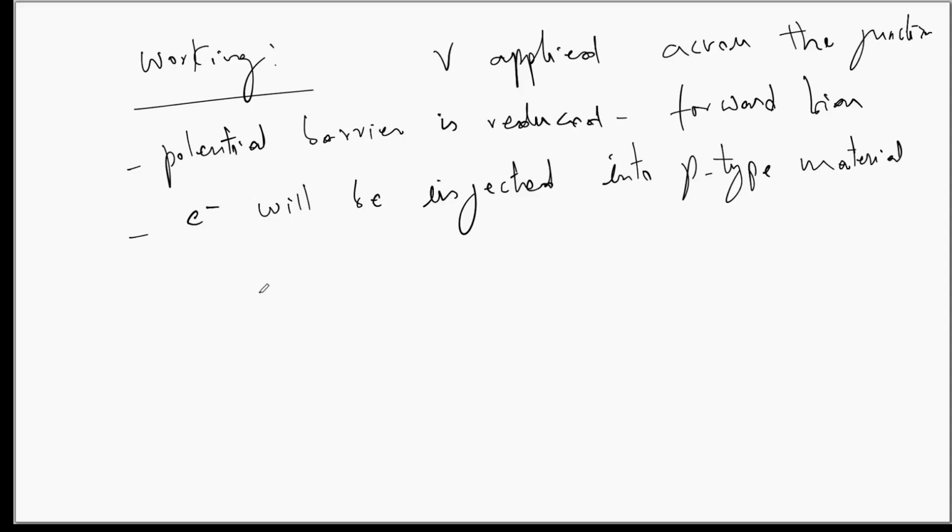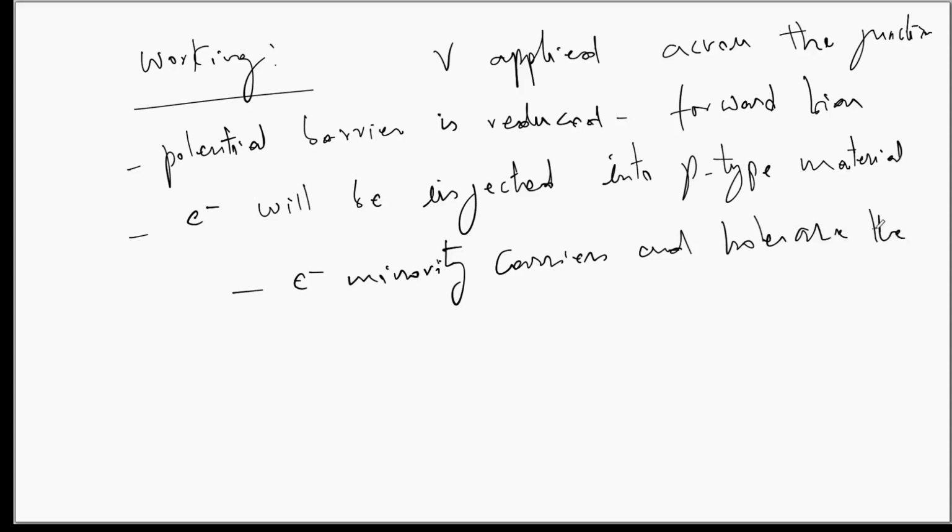It is called as injection because on the p side, electrons are minority carriers and holes are the majority carriers.